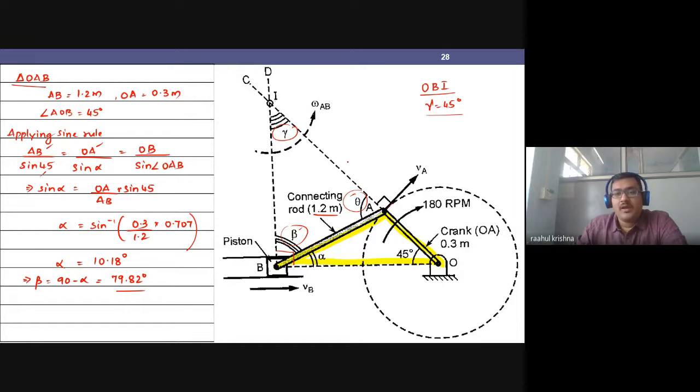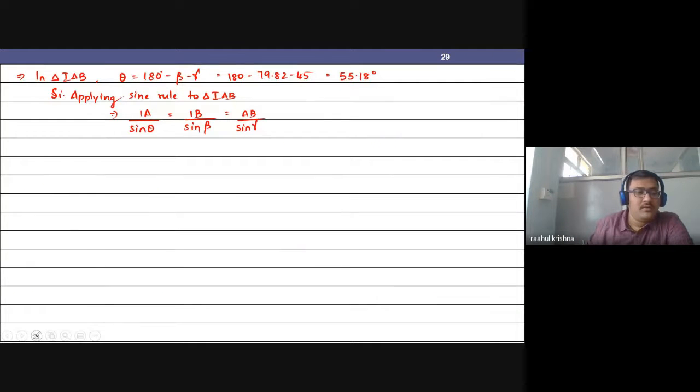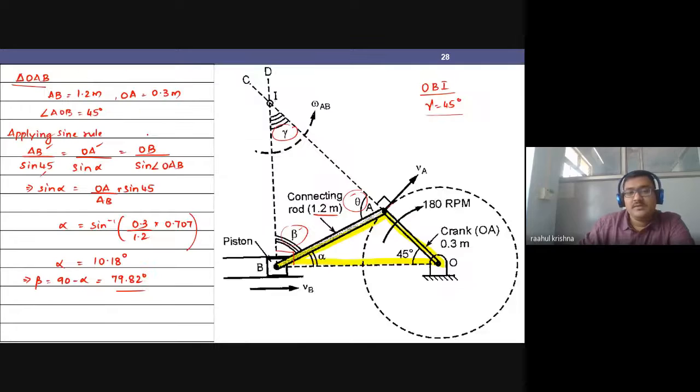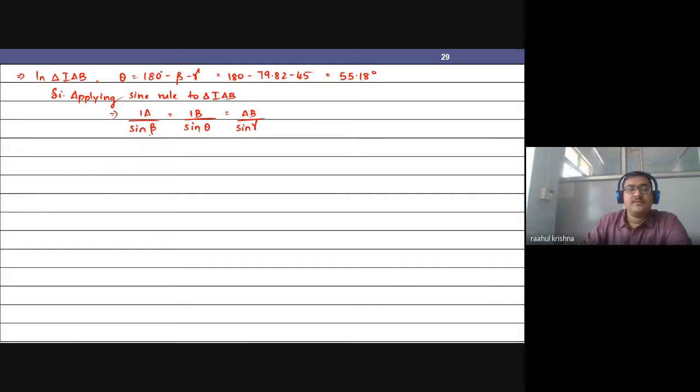Correct? No, here A and B got reversed, right? Yes. IA divided by sin beta equal to IB divided by sin theta.